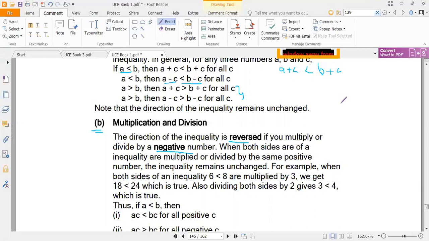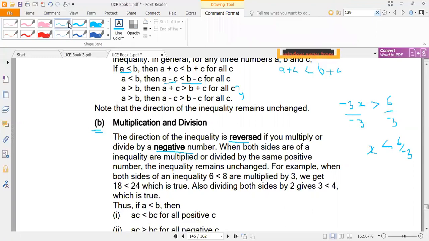For example, if you have negative 3x is greater than 6, when you divide by negative 3, the inequality reverses, and this time it becomes less than 6 divided by negative 3. Originally it was greater than, but when we divided by a negative, it changed and now it is a less than.